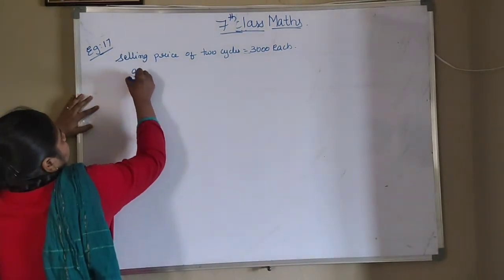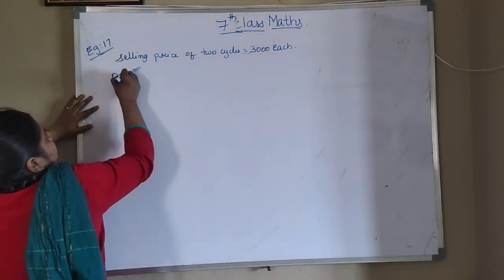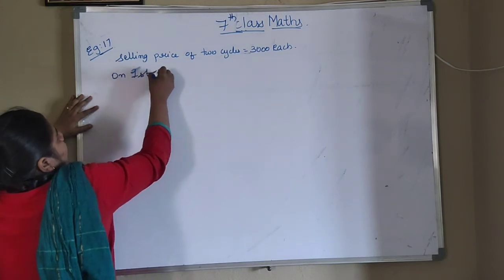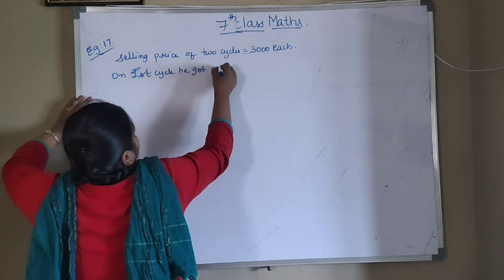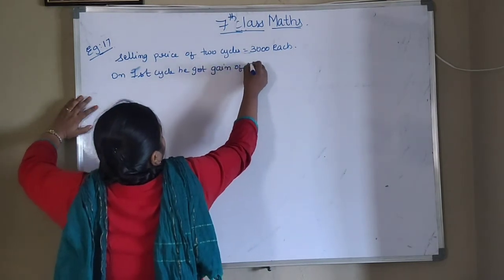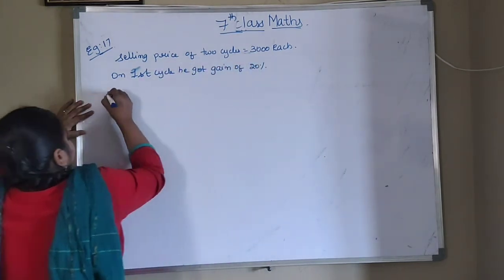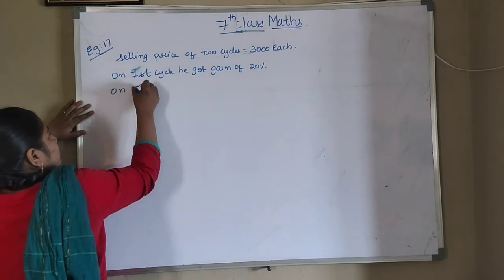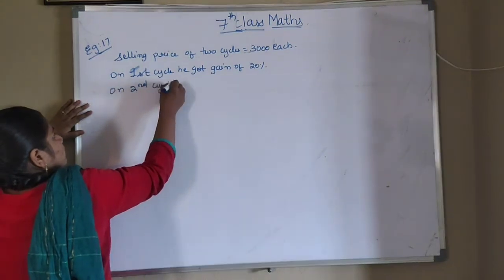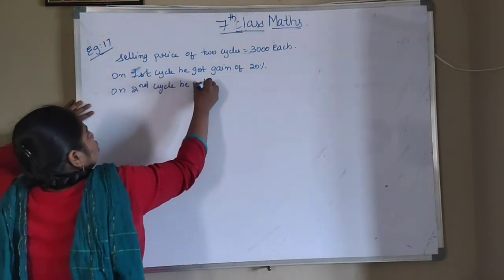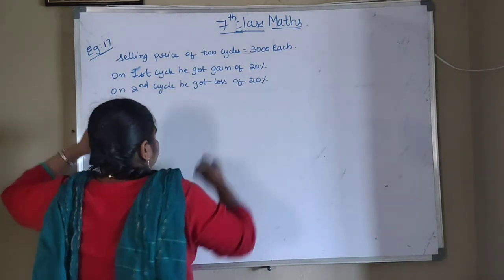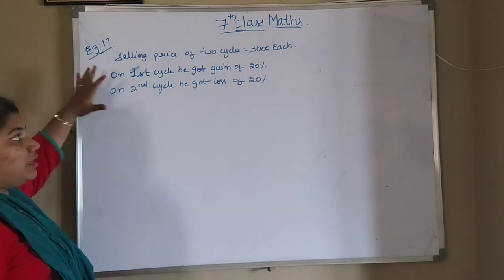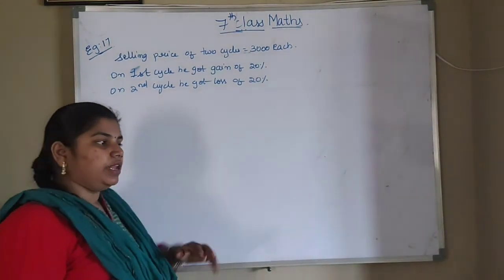So on the first cycle he got the gain of 20% and on the second cycle he got the loss of 20%. So on the total transaction he got the loss or gain, we have to find.